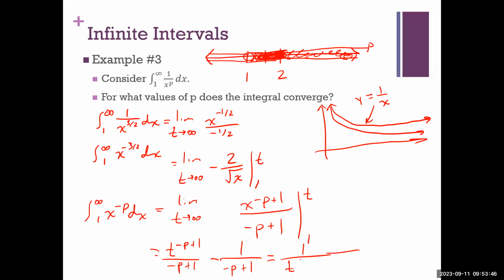I have to flip the signs on everything, so the exponent on t is p minus 1. And I'm going to let t go to infinity, right? The only way that t term is ever going to get smaller is if that exponent is positive. So since p minus 1 has to be positive, p itself has to be bigger than 1.